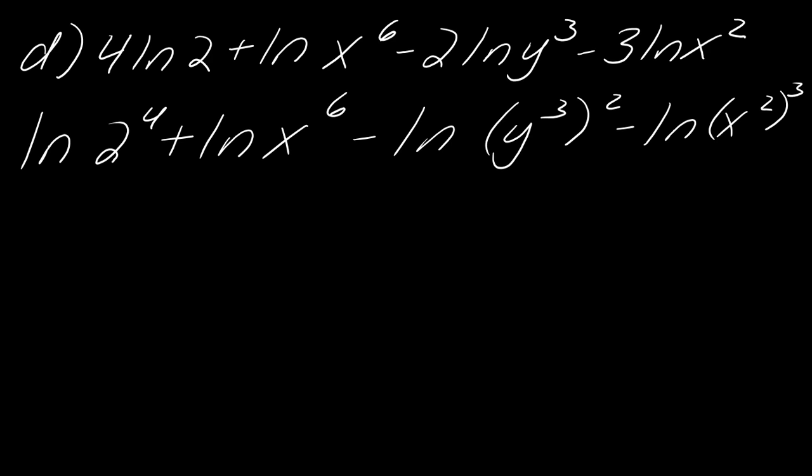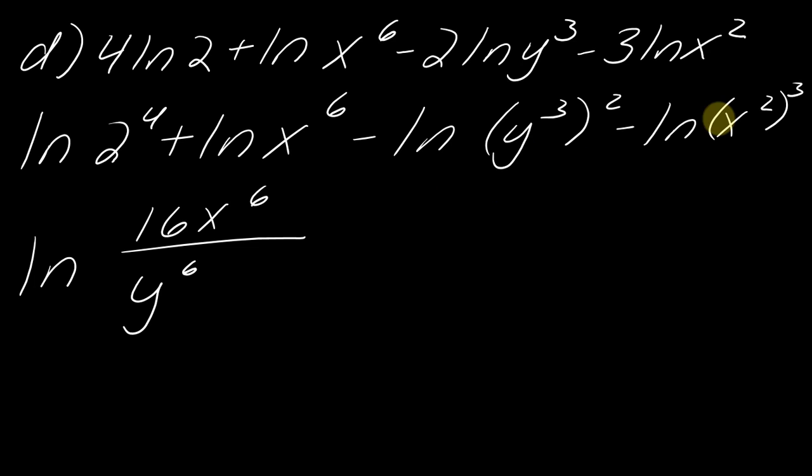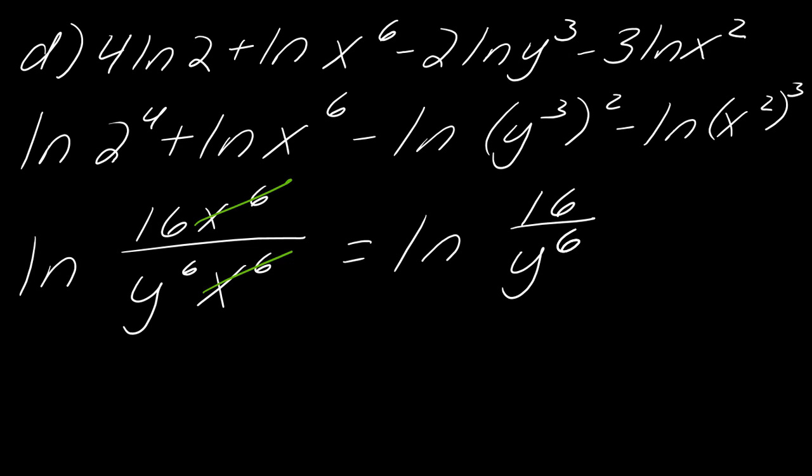Okay, so now if I rewrite all of this, so I have the natural log, so 2 to the 4th is 16, this is x to the 6th over, okay, y cubed squared, this will become y to the 6th, and then x squared cubed, this will become x to the 6th, and then you'll notice you can cancel out the x's, right? So this actually just simplifies to the natural log of 16 over y to the 6th.